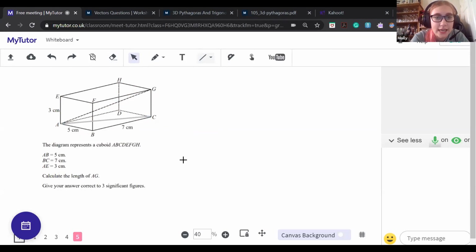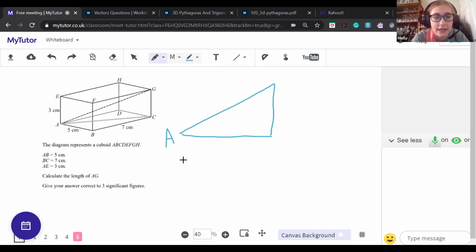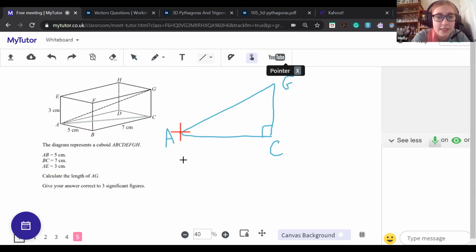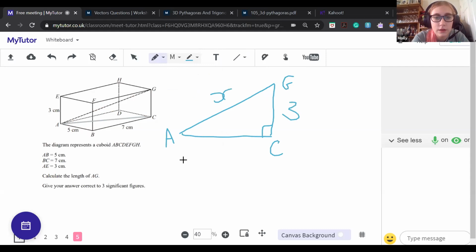And then, I'll draw it out here for you, if we just lift this triangle off, A, G, C, we've got a triangle now like this, with this one being a right angle. So we know that this is 3, and this is what we're trying to work out. We want to know what this across the bottom is.